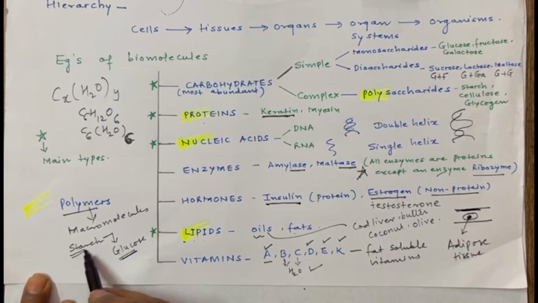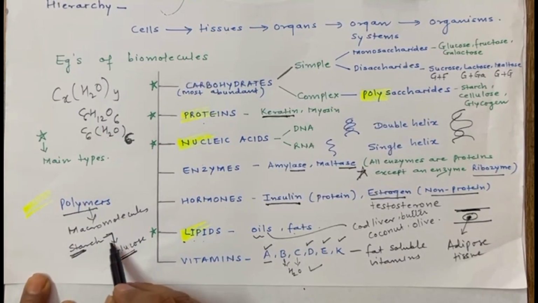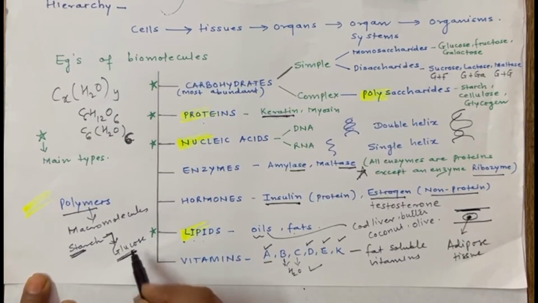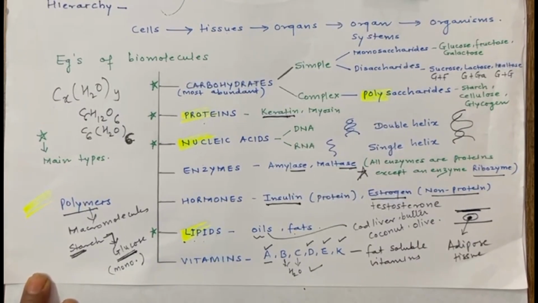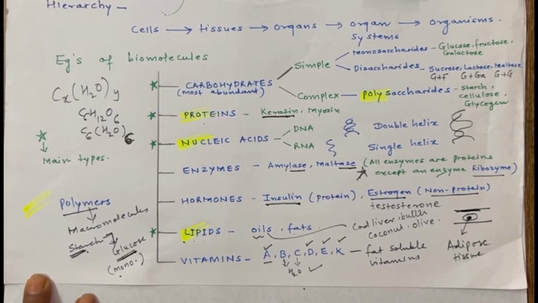So if you boil starch, you break down starch, what you get is glucose. Glucose is nothing but the simplest carbohydrate, which is called a monosaccharide. So what is the building block of polysaccharide? The building block of any polysaccharide is going to be a monosaccharide. For example, starch, the unit is monosaccharide glucose.